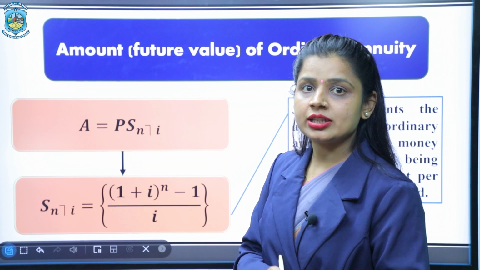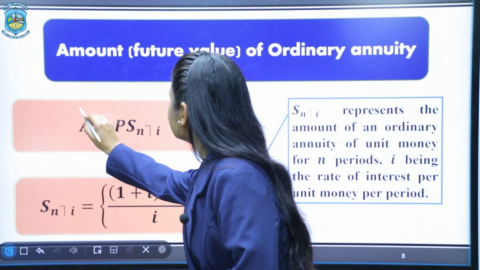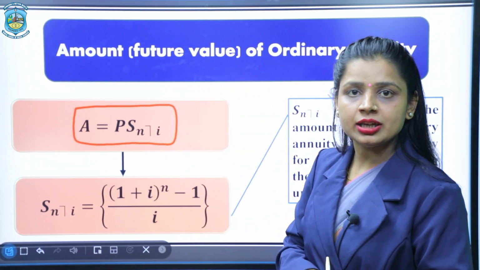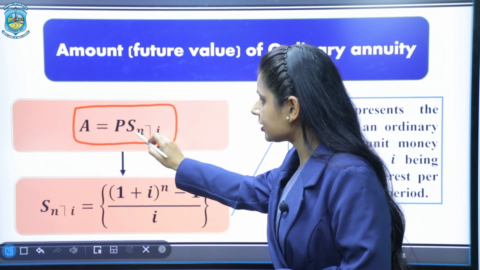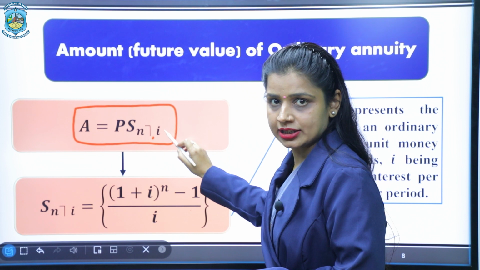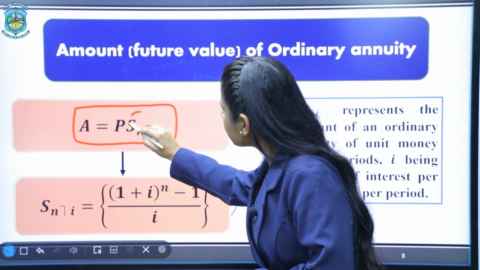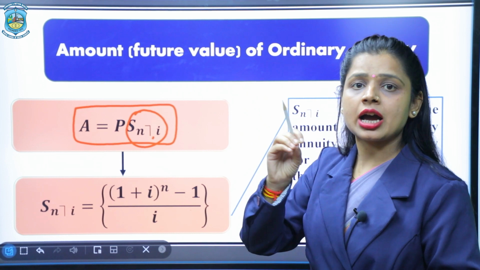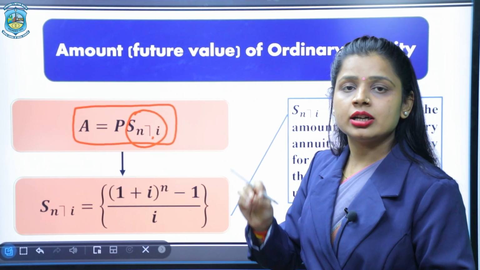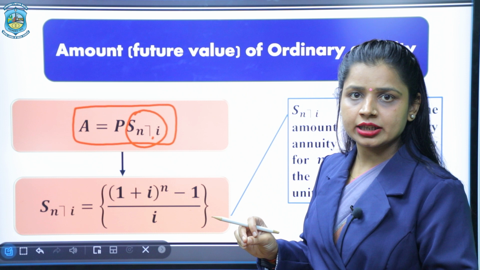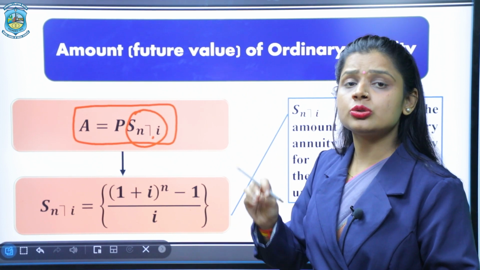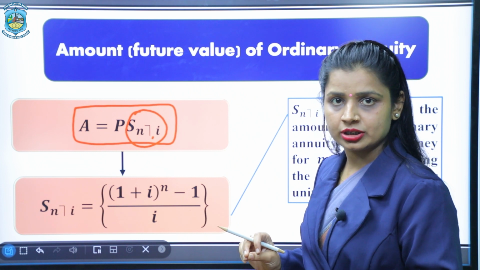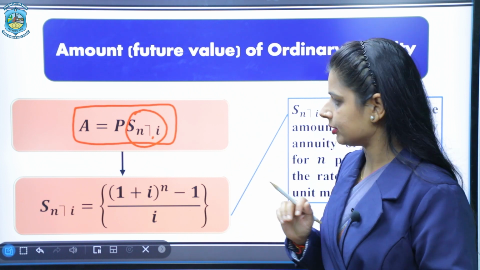We may calculate this amount by using a simple formula A equal to P multiplied with S angle n at i. Now, this quantity S angle n at i we can determine by two different techniques. The one is the mathematical technique and the other is the use of a table for amount of an annuity. We will see both techniques.